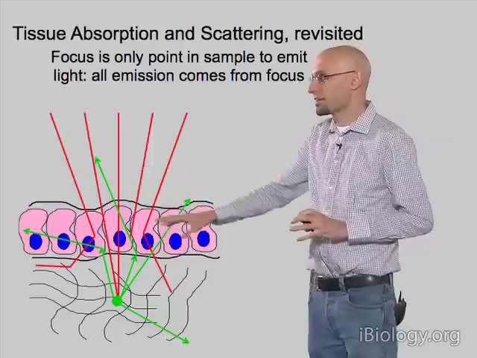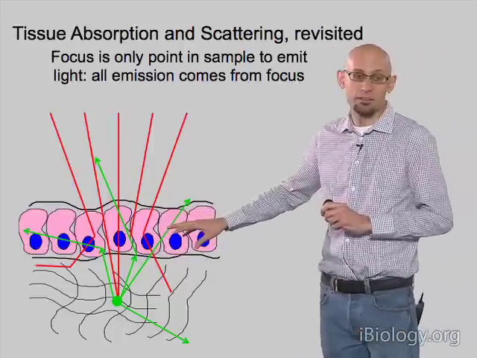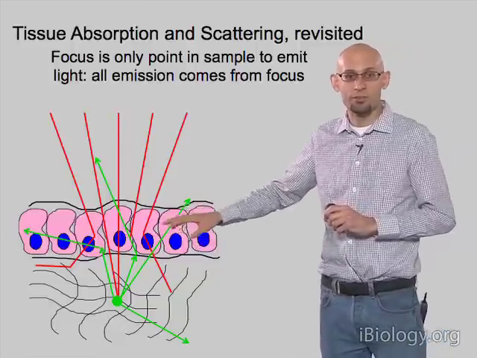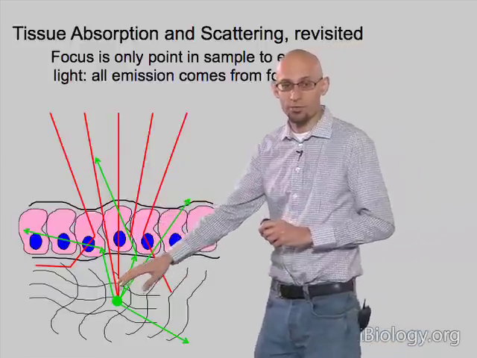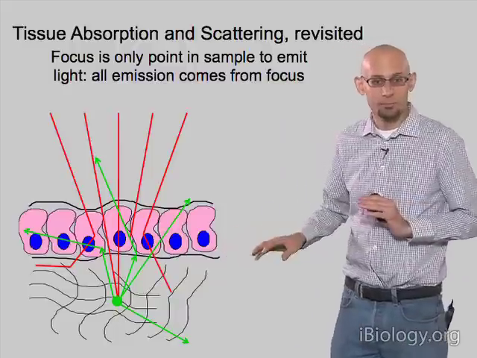We can have terrible scattering here. We can have this green light bouncing all around, and it doesn't really matter because we don't need to image it. We just need to record the intensity because we know that any green photons that come out of this had to come from this focus because there's no other points being excited in here.